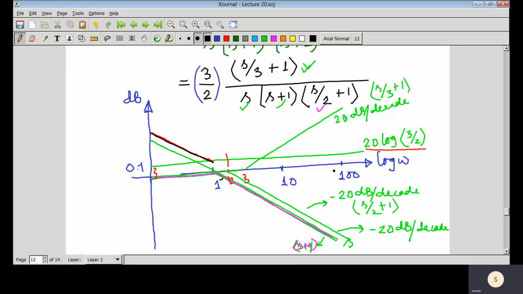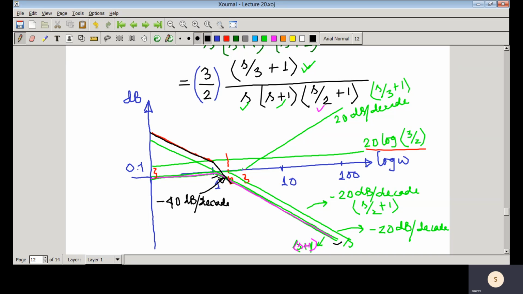So from here to 2 we have that double slope, and this slope is -40 dB per decade. Again, I am explaining why. If you look at this particular portion, you can see that there are two slopes, for S and for S plus 1. So that is -20, -20, so -40 dB per decade.